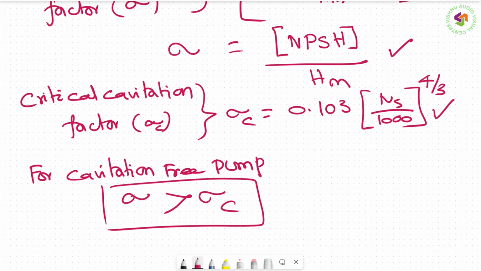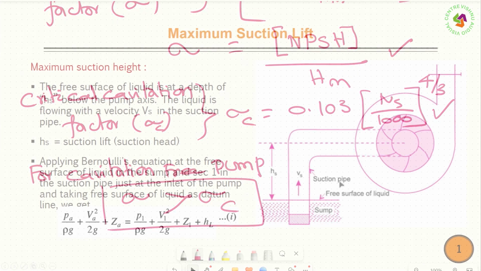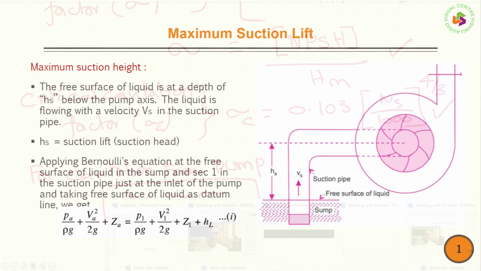In the last topic, I did not again explain what cavitation is. But one thing you remember: because of cavitation in centrifugal pumps, which component gets damaged?